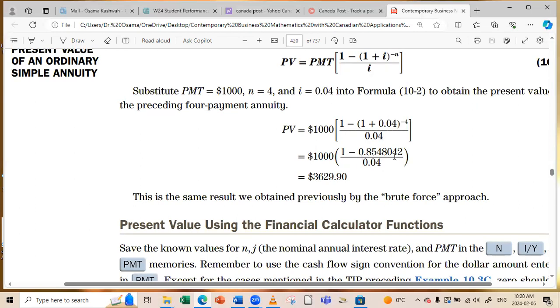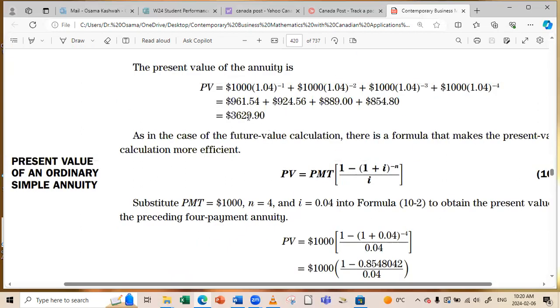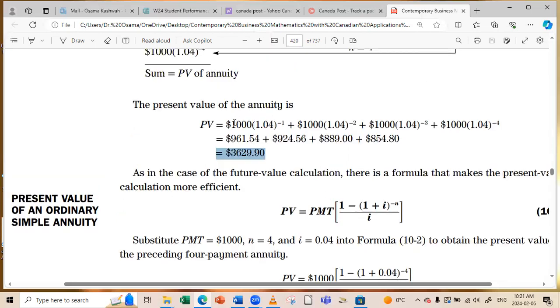Once I'm done with the calculator, it will give me 3629.90 cents, which is the same result as when we did it as a simple annuity.